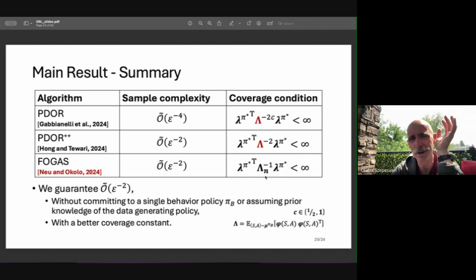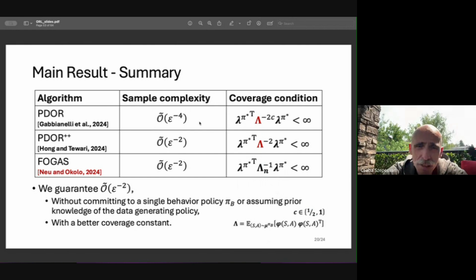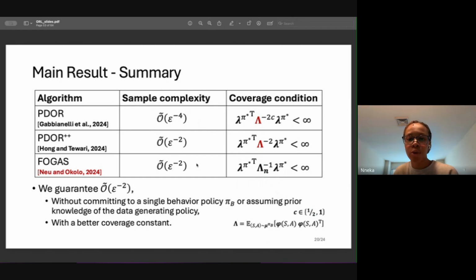Probably not to -1 as in the previous work, because that probably would still be there in a data-dependent analysis. I'm just guessing. It can be reduced to -1 in this case with c equal to 1/2. But they had a slow algorithm if you look at the sample complexities. Maybe it could be possible to get this sample complexity guarantee with -1 here.